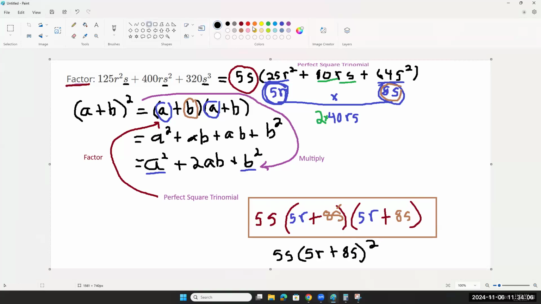So another way to submit the answer, and this might be what they prefer, is to submit this as the answer. And that, by the way, is compatible with this.